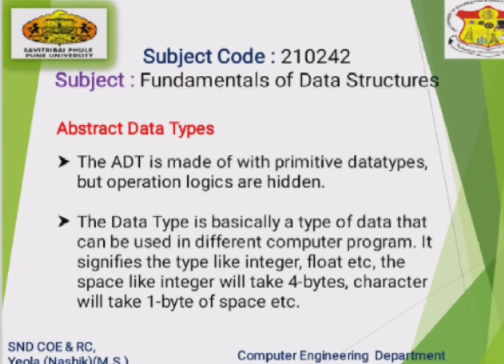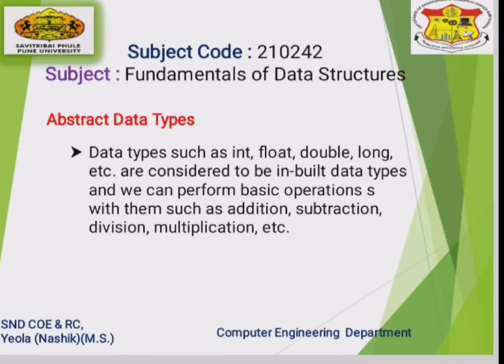The data type is basically a type of data that can be used in different computer programs. It signifies the type, like integer, float, etc. For a specific type, like integer, it will take 4 bytes, and character will take 1 byte of space. Data types such as integer, float, double, long, etc. are considered inbuilt data types, and we can perform basic operations with them such as addition, subtraction, division and multiplication.